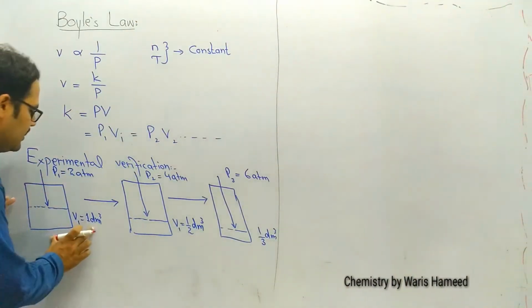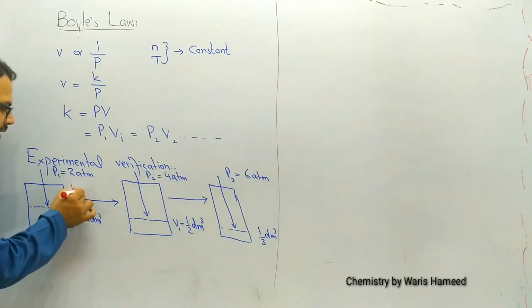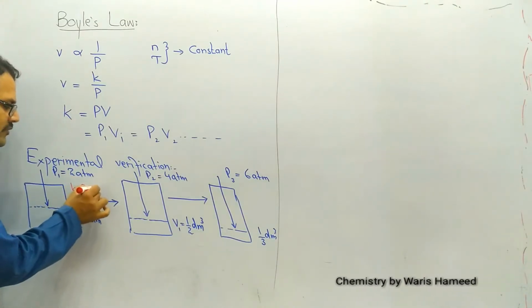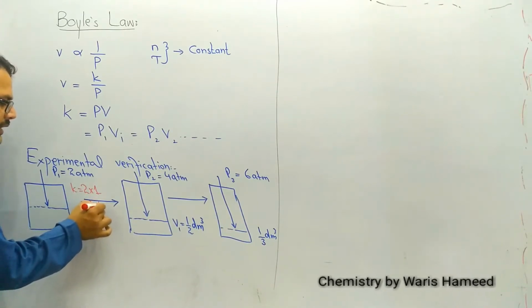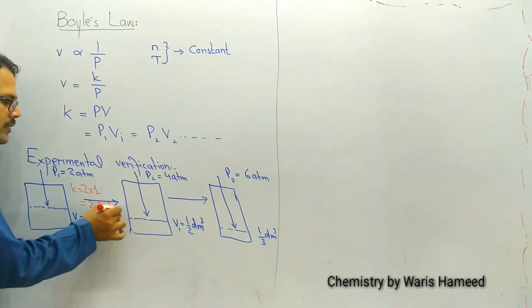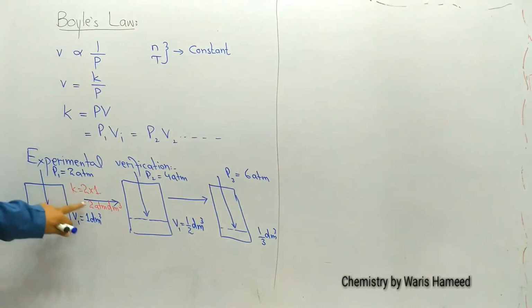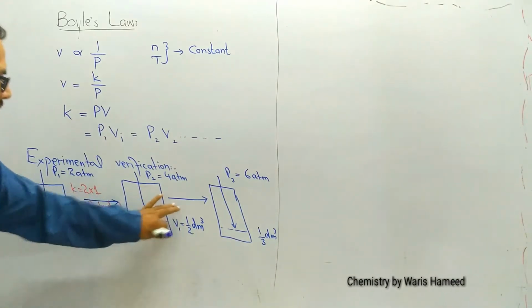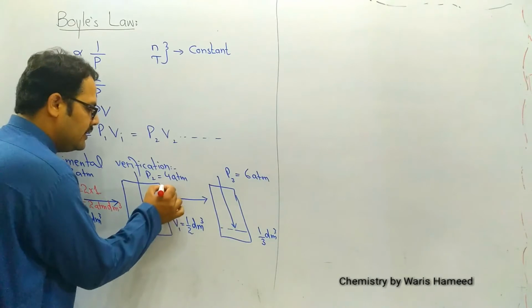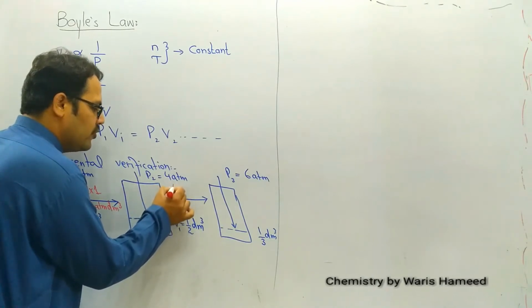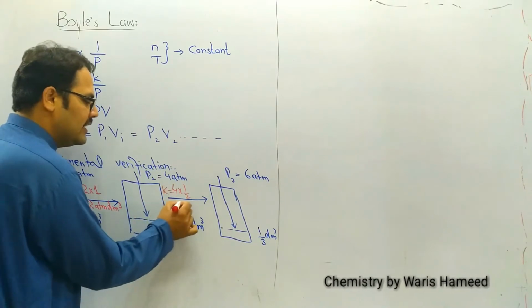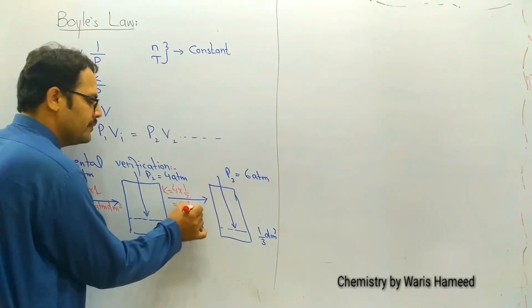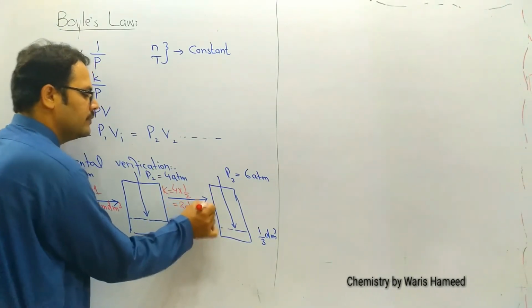On the first condition, we can write K is equal to 2 multiplied by 1, and its value is equal to 2 atm dm³. The K constant has value 2. In this case, we can write K is equal to 4 multiplied by 1/2. Again we can write it as 2 atm dm³.